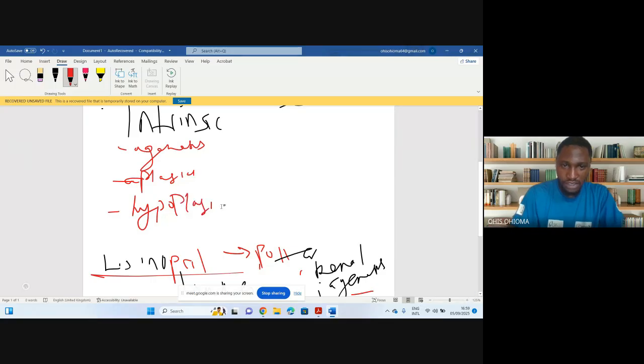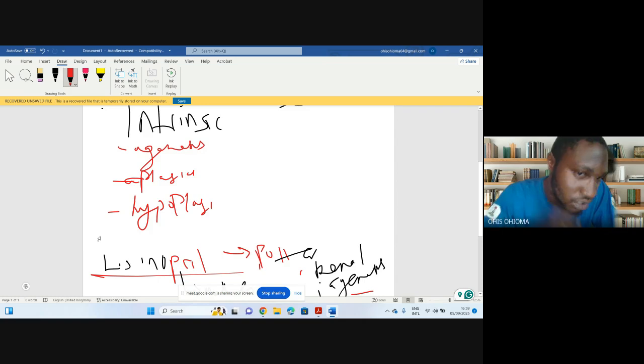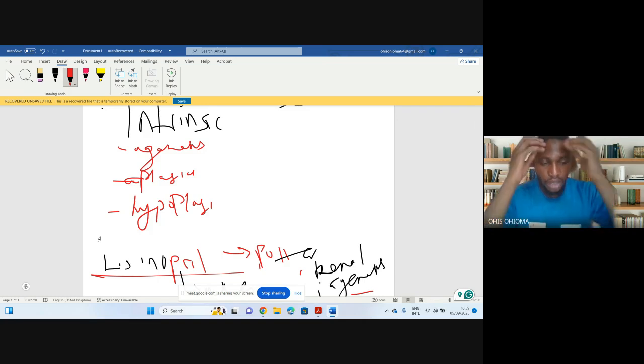What this means is that these 3 conditions are from within the cell. And I'm going to give you examples of each and every one of these so that you can have a mental picture of what actually goes on here.